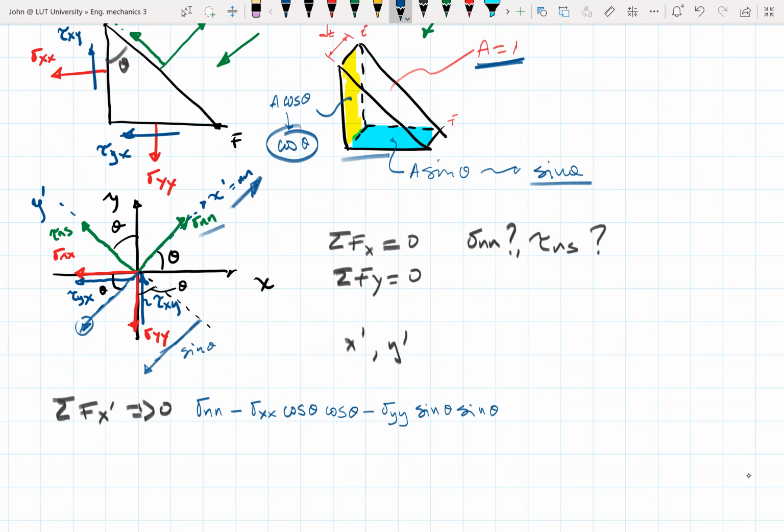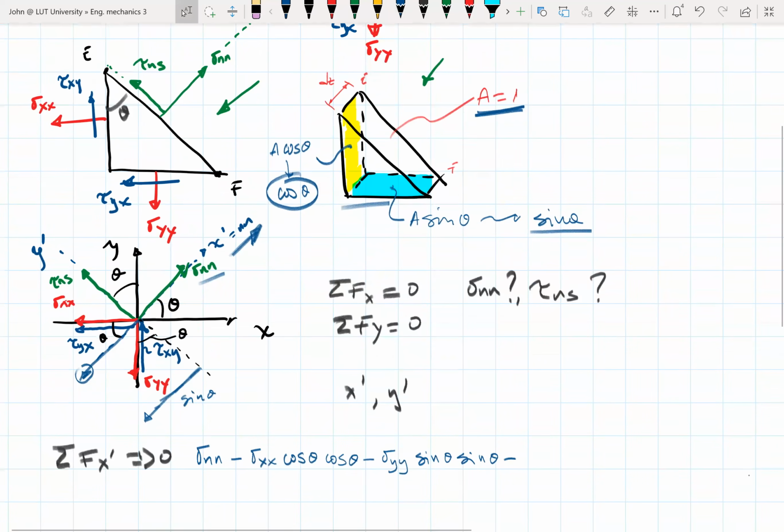Then what is remaining is the shear stresses. Okay, this is a mistake here. Sorry about that. It needs to be positive, and to be positive, it has to be aligned in the negative direction because it's applied on the negative face. Please change this.